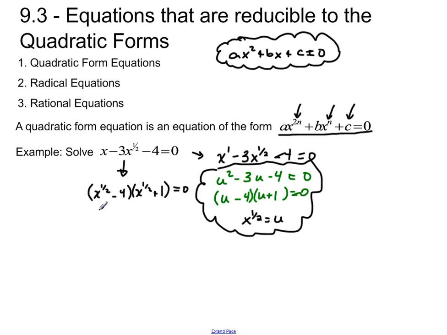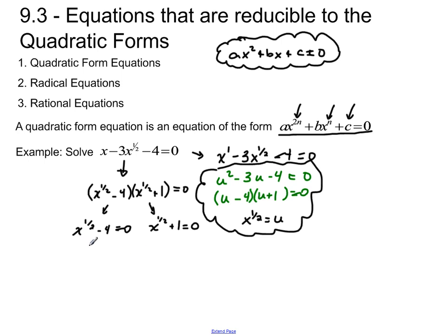And in this case, if we try to set each factor equal to 0, we come up with x to the 1/2 minus 4 equals 0, and x to the 1/2 plus 1 is equal to 0.